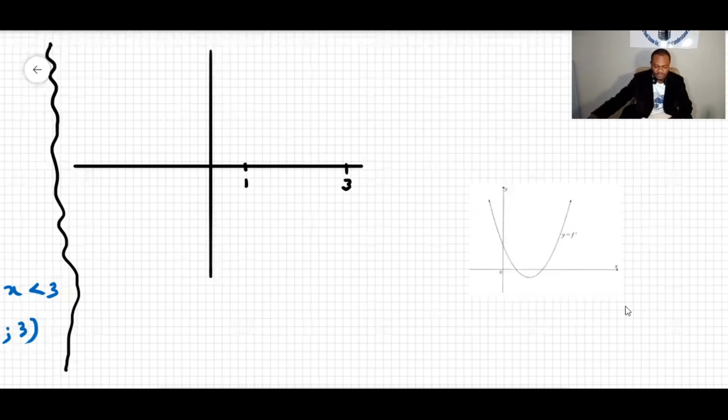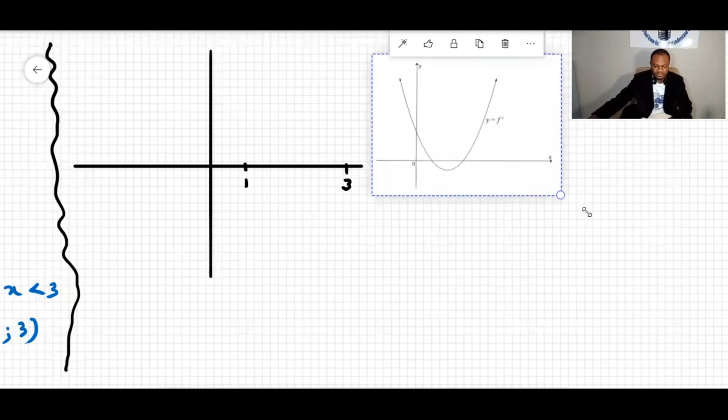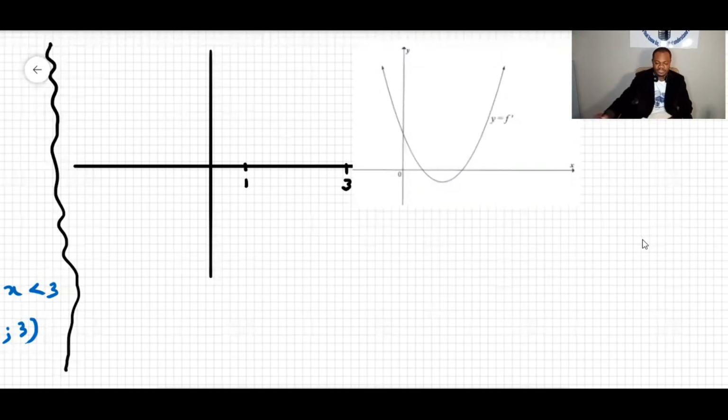Now, if I look at this graph here, the graph of the derivative of the function, let me make it a little bit bigger. This is the derivative of the function. It makes a U shape. By that, I understand that the function itself has a positive gradient.